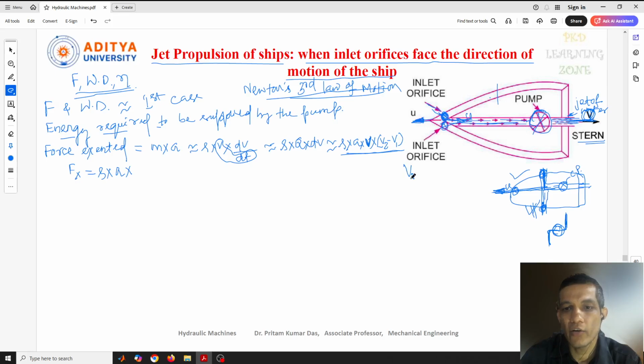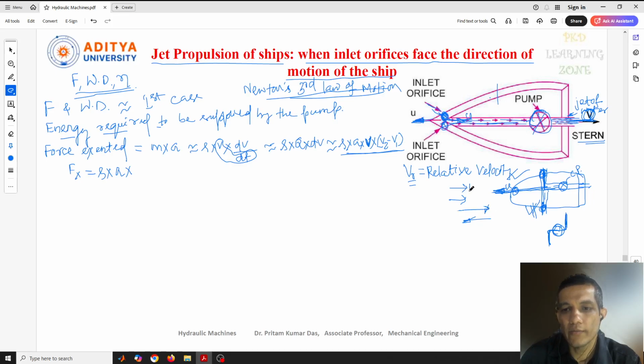The relative velocity concept I already told you many times. Relative velocity needs to be considered between two bodies moving in a similar direction, or in the opposite direction also.